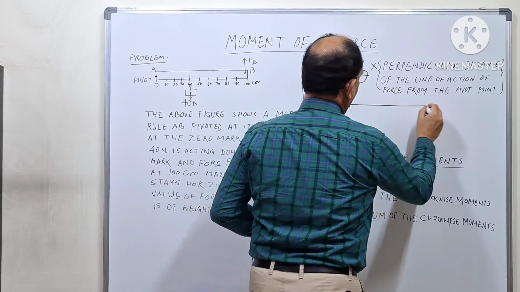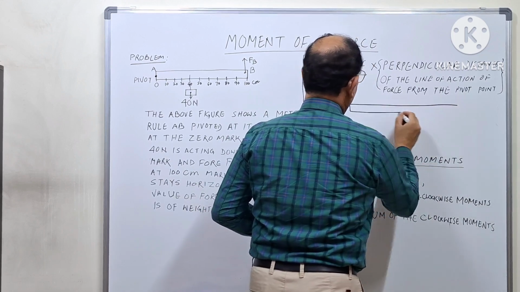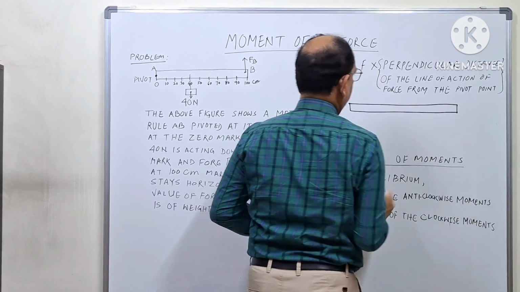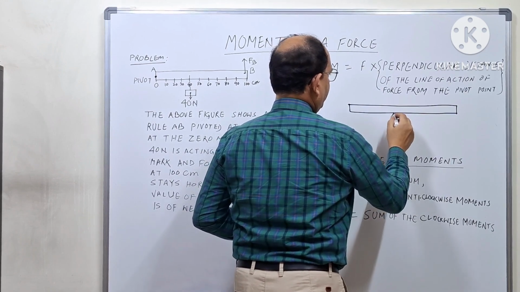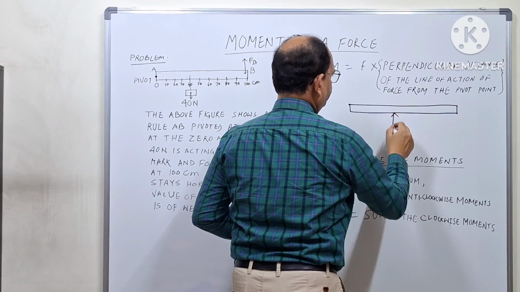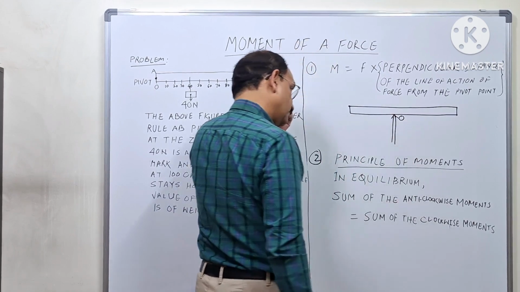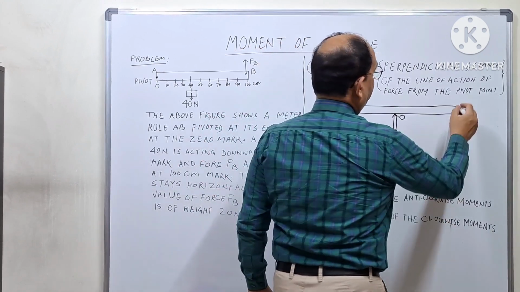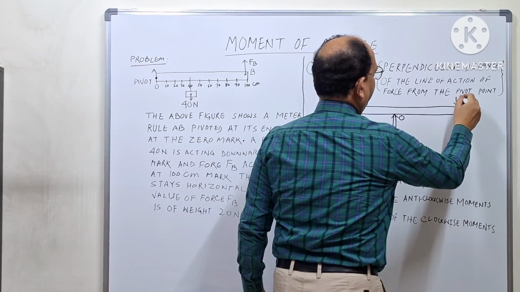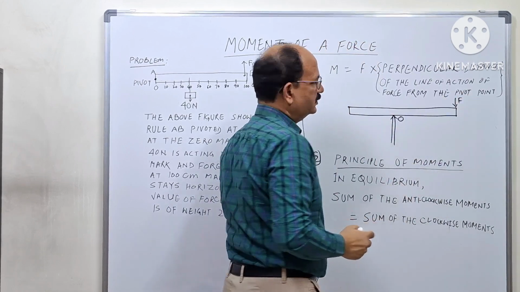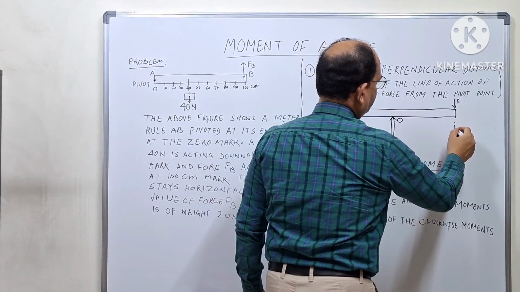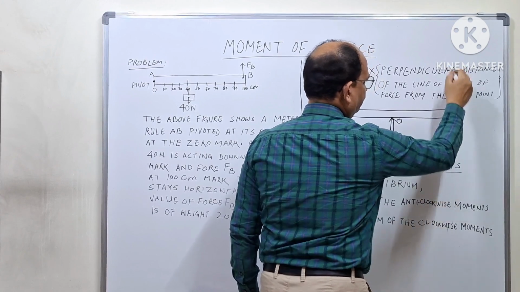Suppose this is a steel rod which is pivoted at this point O. Now suppose I apply force F acting downwards here. So the line of action of force is this line.